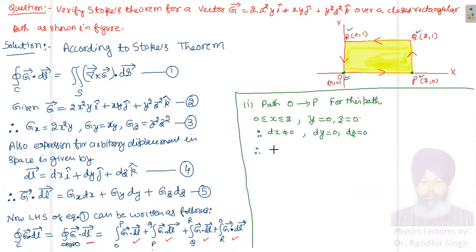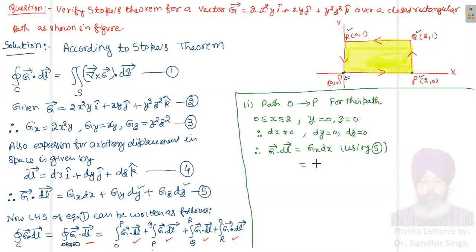Therefore, our g dot dl will be simply equal to gx dx using equation number 5, because you can see here dz is 0, dy is 0, so it will be simply equal to gx dx.